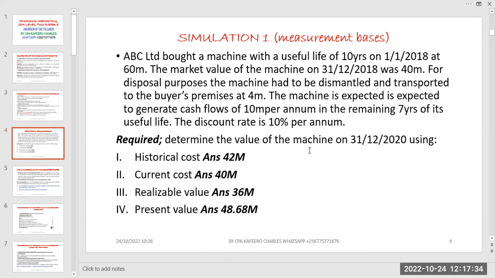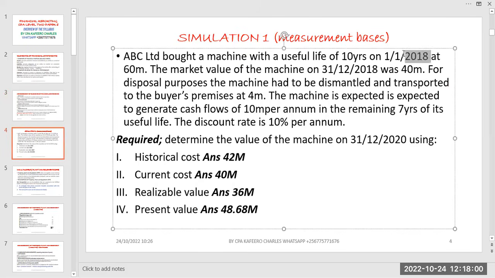this is about the measurement basis. Call it simulation 1, and it says ABC Limited bought a machine with a useful life of 10 years on 1st January 2018, meaning this is the acquisition date.